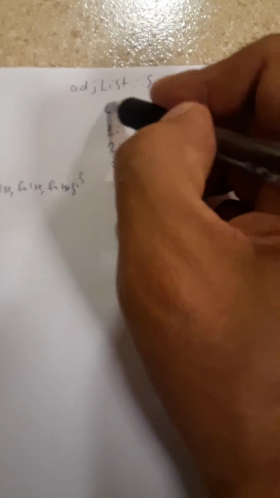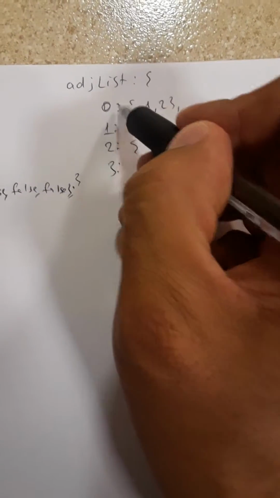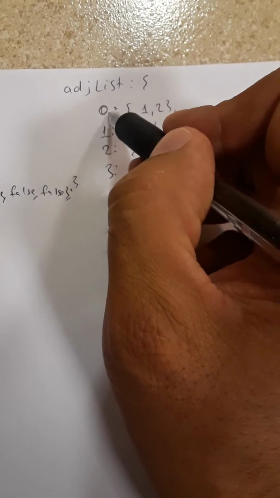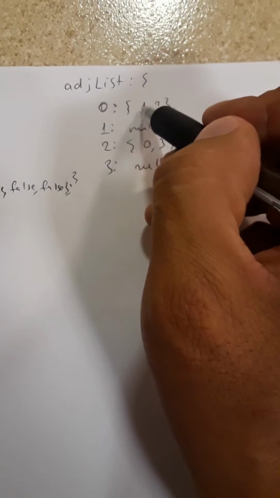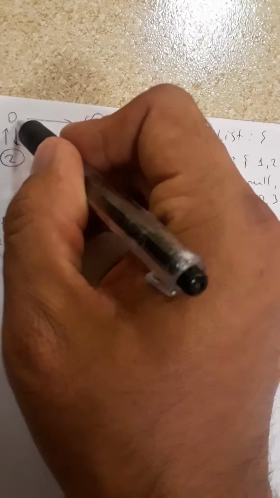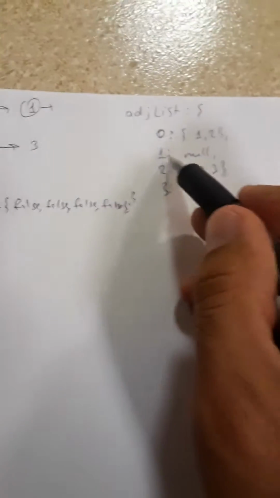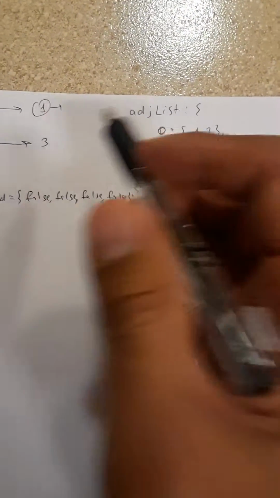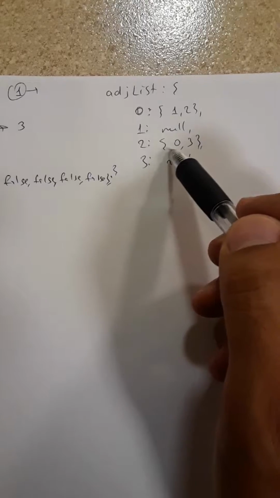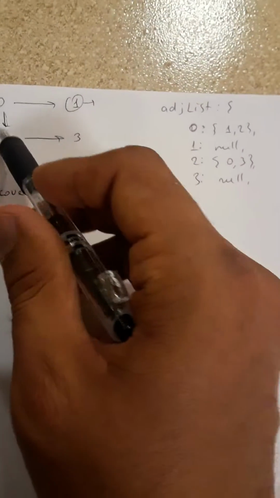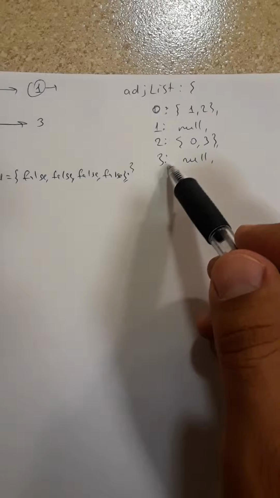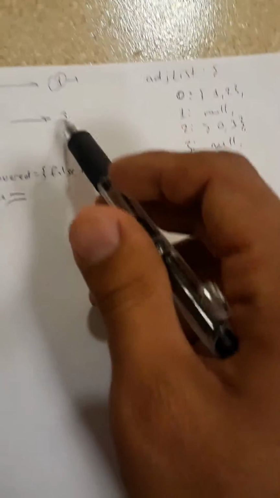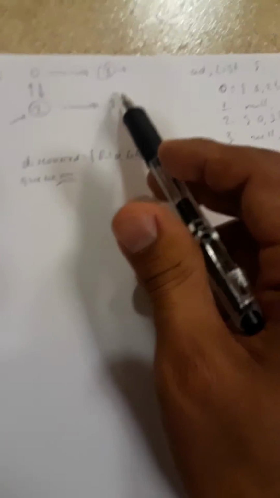For example, from edge 0 we have connections to 1 and 2. From 1 we don't have any path, as you see from here. From 2 we have paths to 0 and to 3, and 3 will also be defined as null because it doesn't have a path to any edges in the graph.